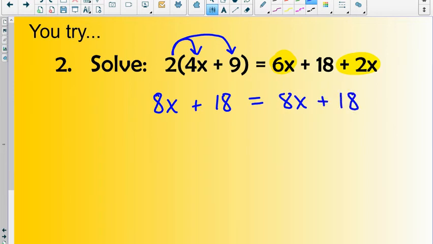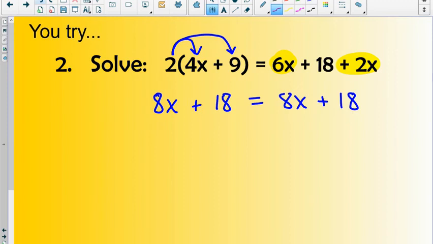As we look at this equation, we notice something right away. 8x plus 18 equals 8x plus 18. Let's continue and see what happens. We have variables on both sides of the equation, so the next thing we want to do is to try to move these variables so that they're on the same side.